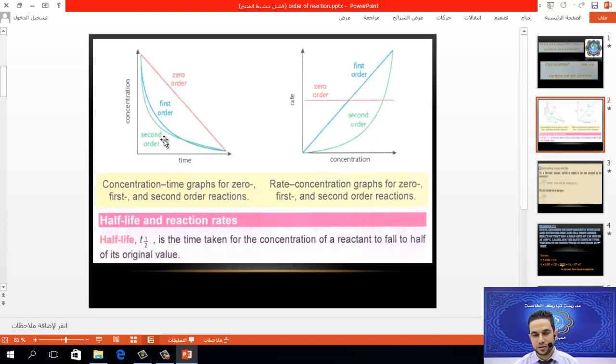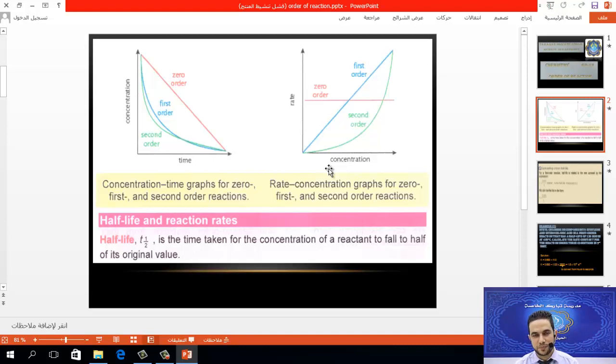Now on the graphs on the right you will find the relation between rate and concentration. We said if we increase the concentration of any zero order reaction, the rate will be constant, no change in the rate. But in the first order reaction, if we change the concentration, the rate will also increase, directly proportional.